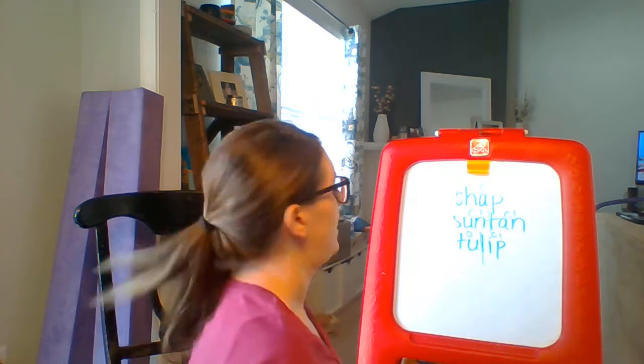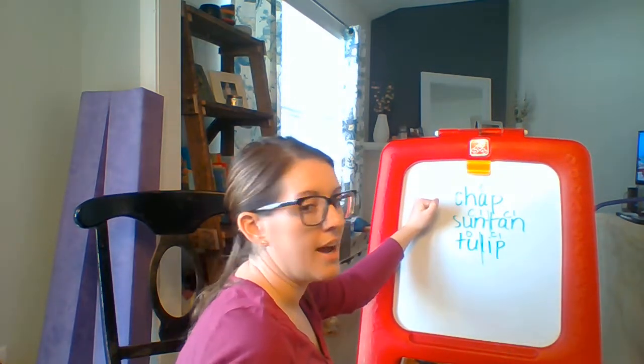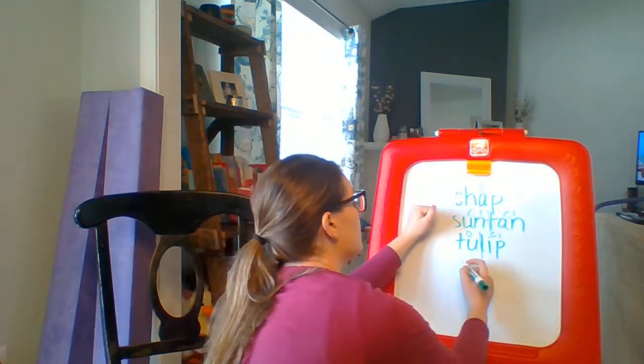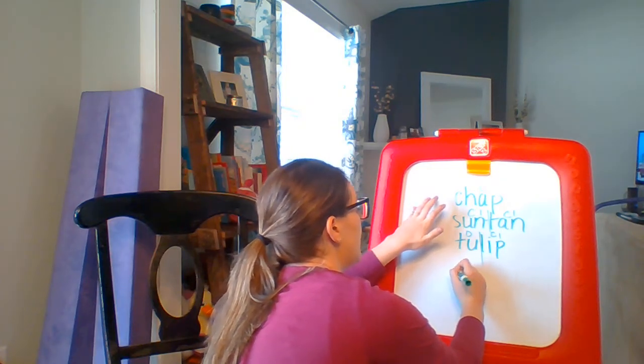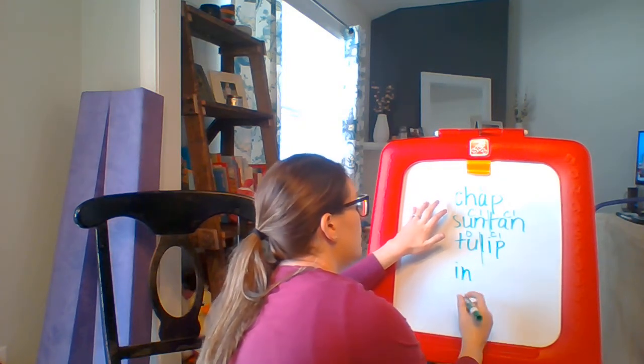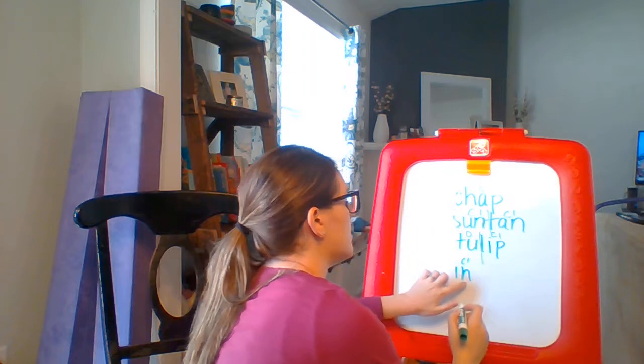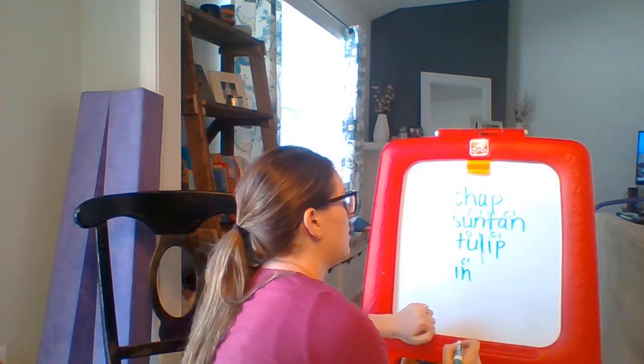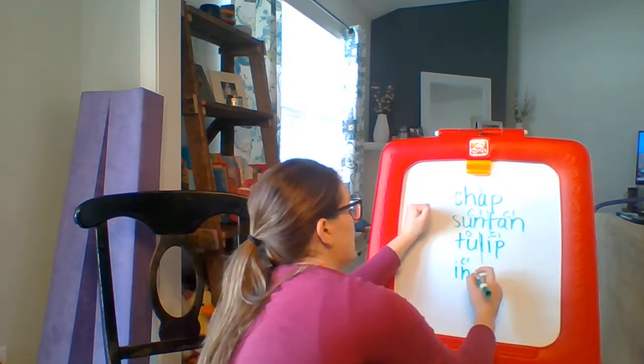It's inside. First syllable, in. Now I'm going to finger tap it. It's a closed syllable. My I is closed in by the N. Makes the short sound. Side.